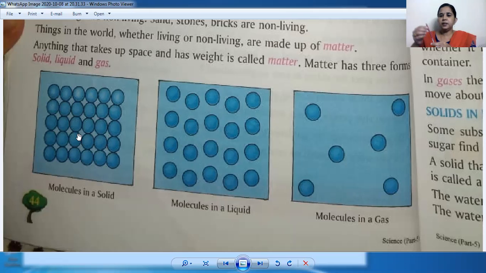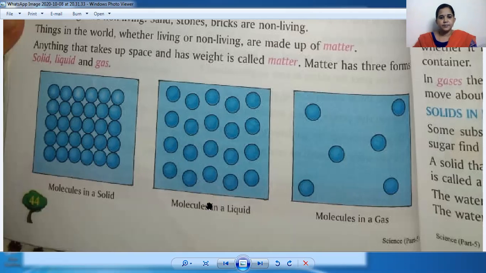So what is the intermolecular space which is there between all the molecules? So the space which is between the molecules is very less. They are tightly packed. So that's why it is in a solid form. The molecules, they are tightly packed. That's why they are in a solid form. So we call it as a solid.